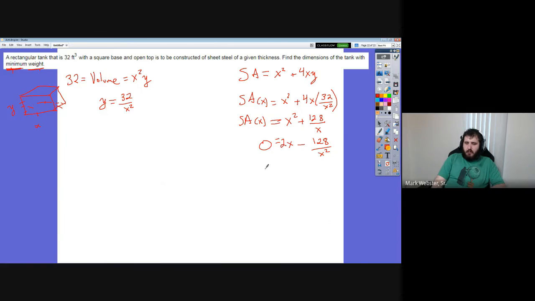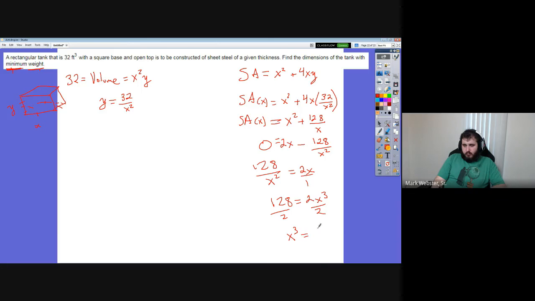We want that to be 0. We're going to bring that over. We're going to cross multiply. And then we're going to divide, and we're going to take the cube root, right?